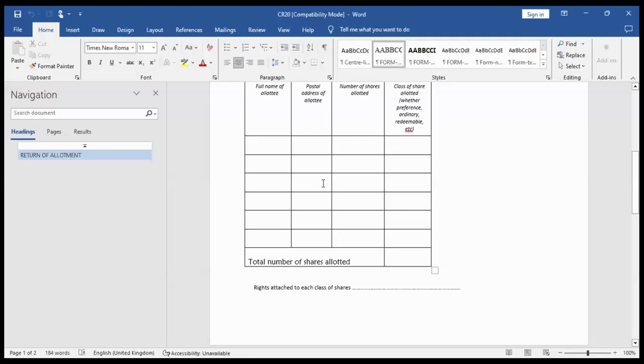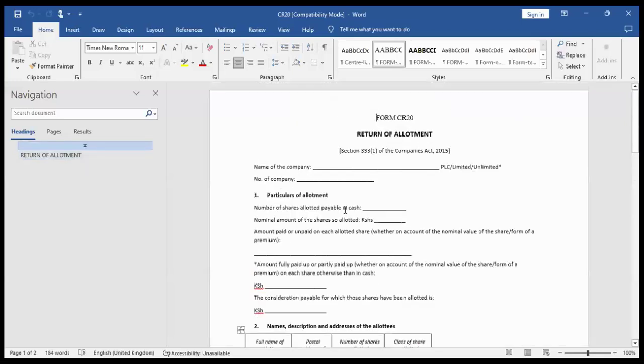This area of transfer and allotment is a new area never tested before. I encourage you to look at all the forms on the BRS website, and you can be told to draft. There is also a document called Combined Company Procedures on the BRS website.